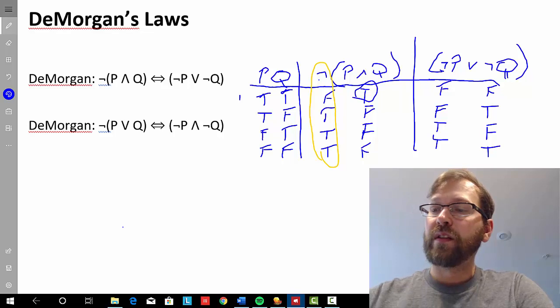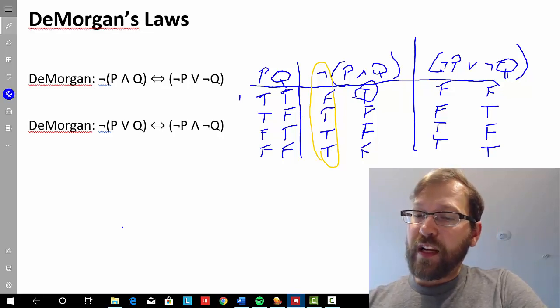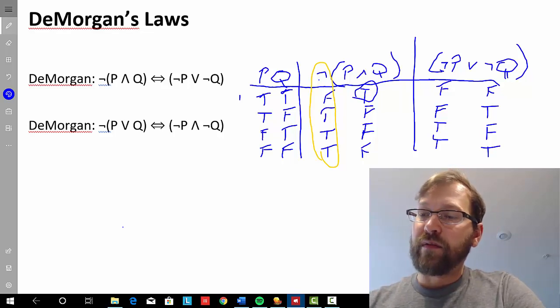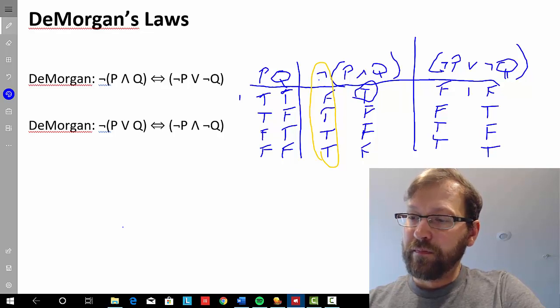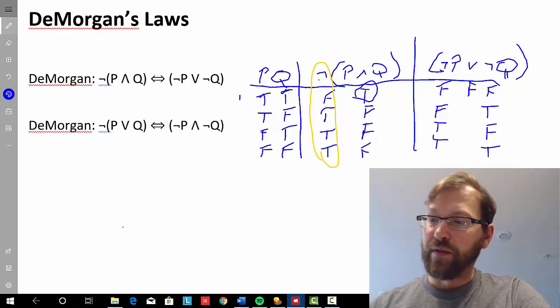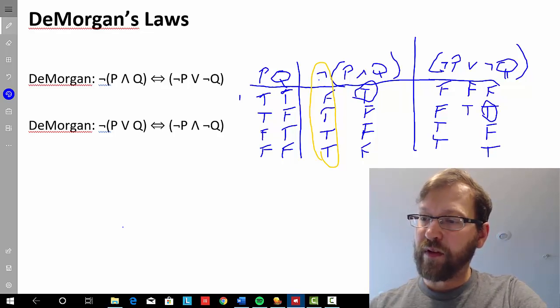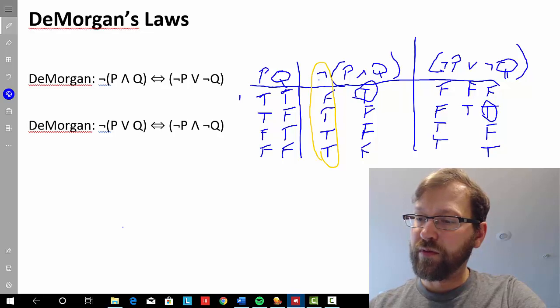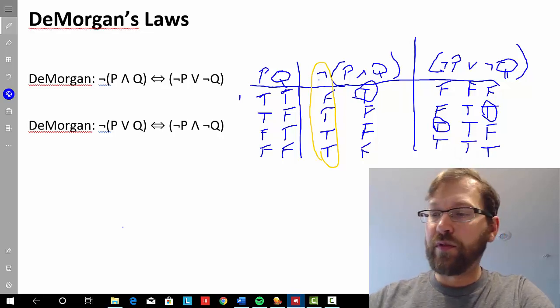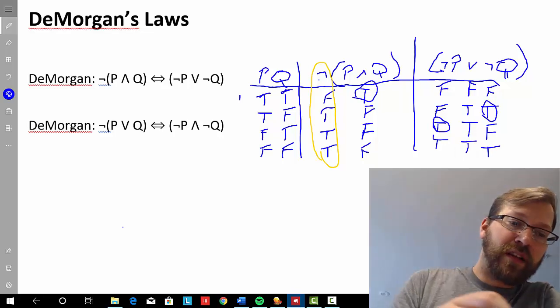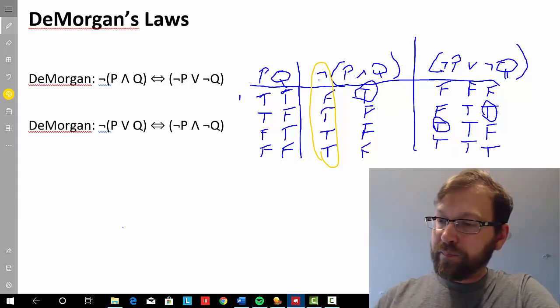Otherwise, it's false. Well, in our first case, we don't have at least one of our disjuncts to be true. So it gets the value false. In this case, we do have one of our disjuncts being true, so it's true. Here we have a disjunct that's true, so it's true. And they're both true here, so at least one of them is true. That's true.